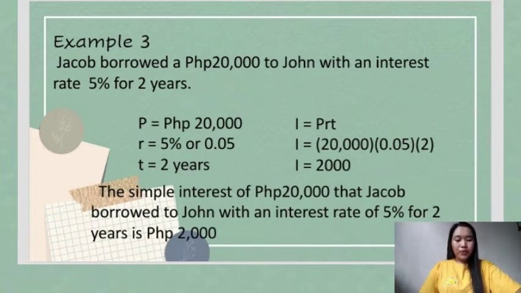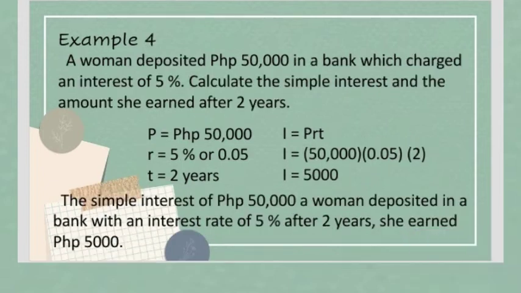So P is 20,000, R is 0.05, and T is 2. Then 20,000 times 0.05 times 2 is equal to 2,000 pesos. The simple interest of 20,000 pesos that Jacob borrowed to John with an interest rate of 5% for 2 years is equal to 2,000 pesos.